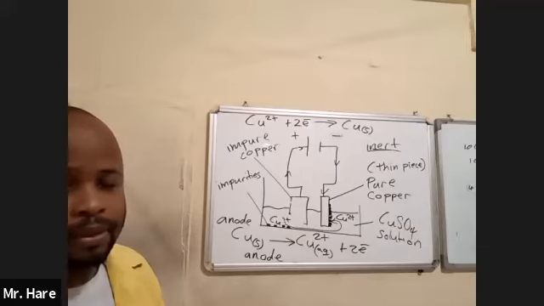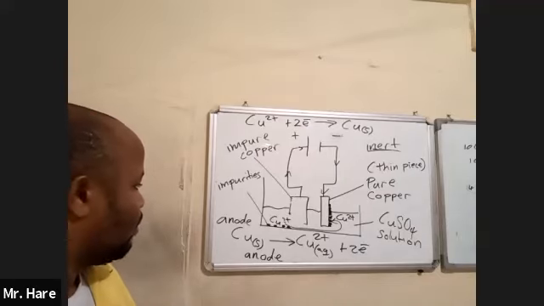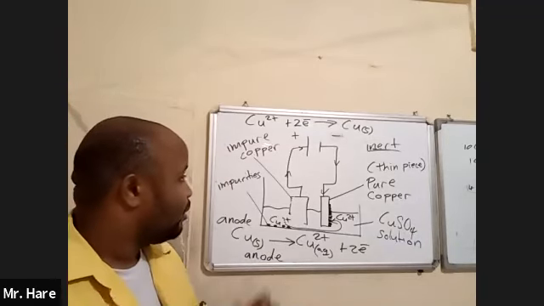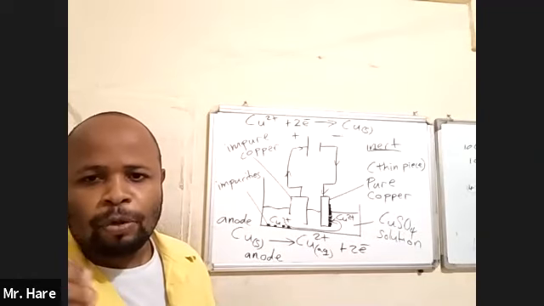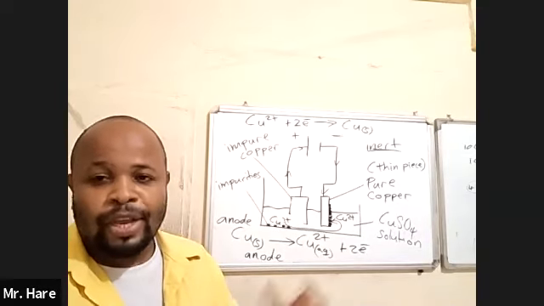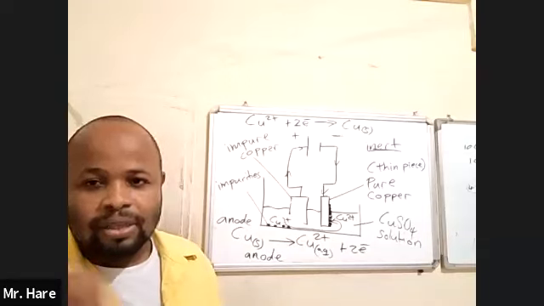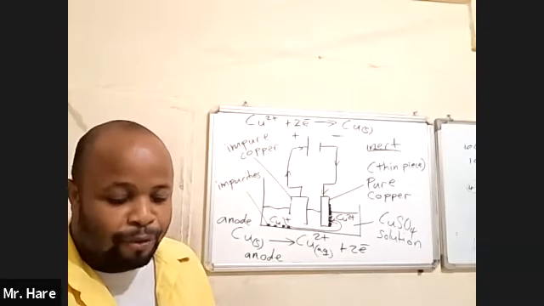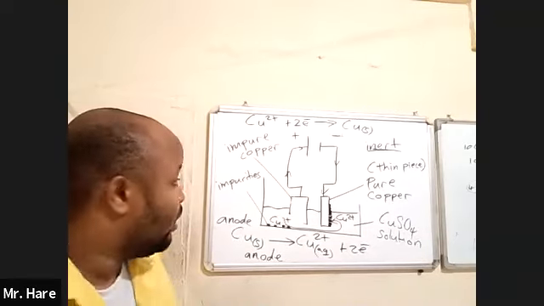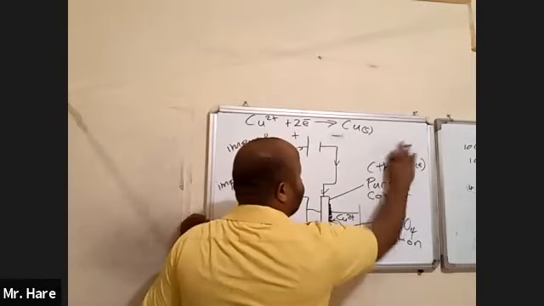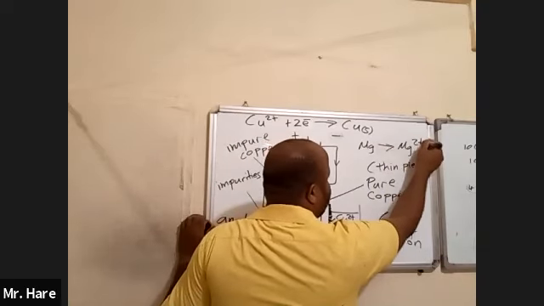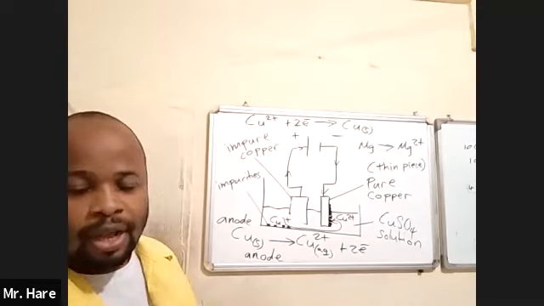Sir, can I repeat what is taking place at the anode? Right. So remember, if you put sodium metal in water, it will explode. Or if you put any reactive metal in water, or if you put metal in acids, what happens? The metal atom is converted to the metal ion because it is being oxidized.